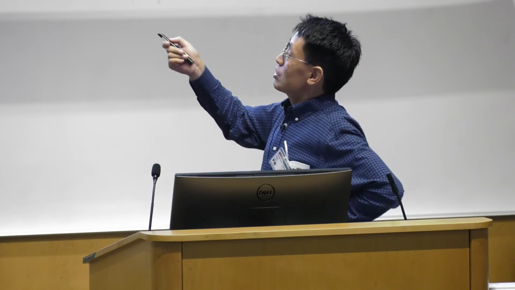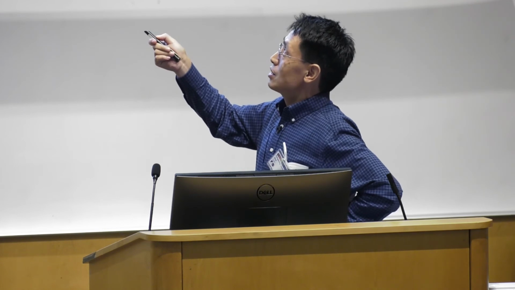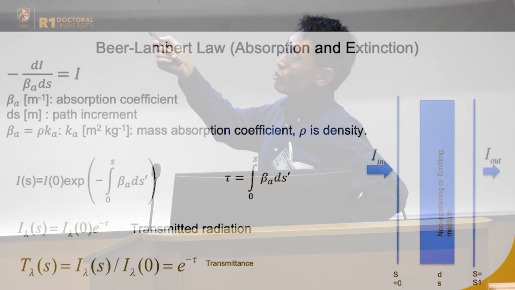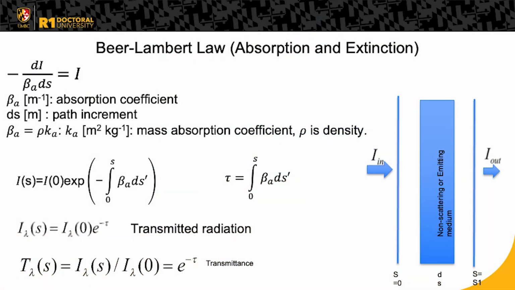Let's start with the Beer law. Beer law is just the absorption of light. This is readings, by the way. Absorption of light is proportional to the light intensity itself.